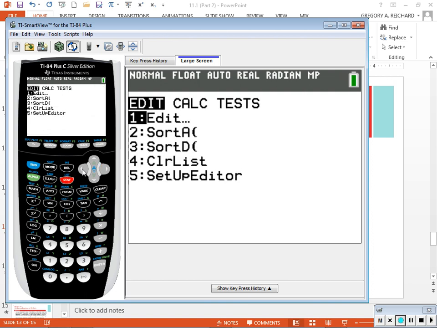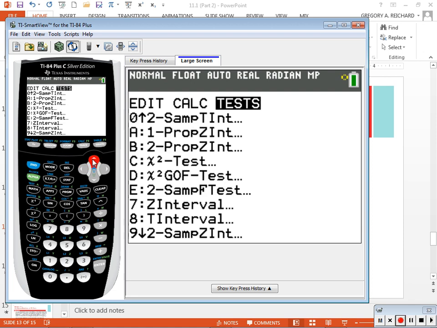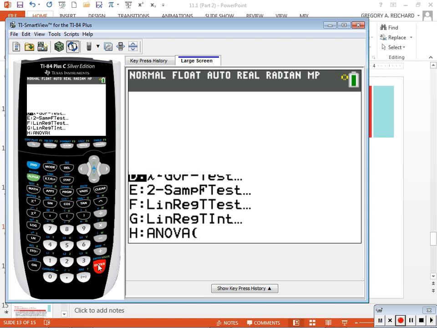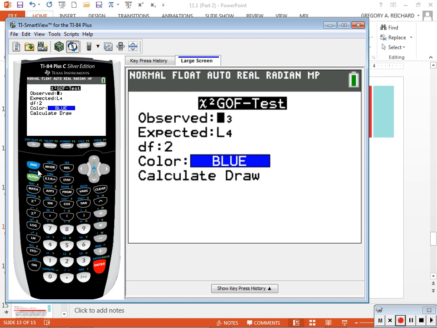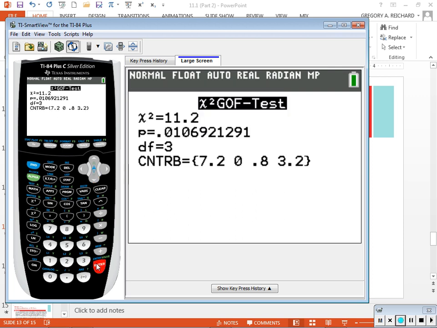So once again, I'm going to go to Stat, I'm going to go to Tests, I'm going to go to letter D for the chi-square goodness of fit test, and I'm going to put in the observed counts in L5. I'm going to put the expected counts in L6. In this case, because there were 4 quarters, that leaves me with 3 degrees of freedom. So when I calculate this, I get a test statistic of 11.2, and there's the p-value 0.01.